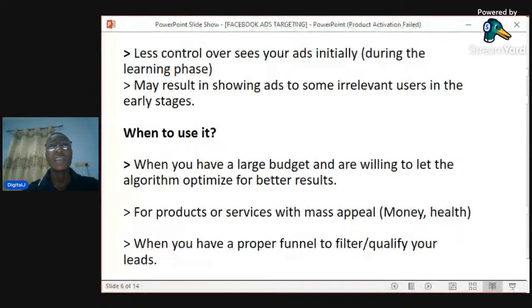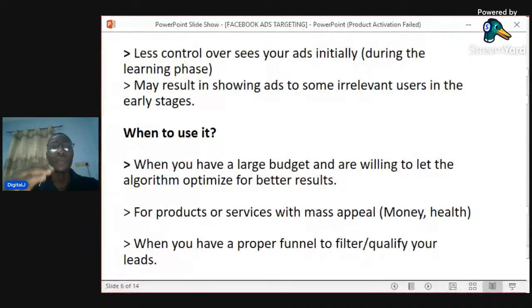Now, assuming you're selling an ebook related to how to make money online, and your funnel is from Facebook to your landing page, and from your landing page to your WhatsApp DM, that will help you filter out persons that are not serious in the first place.